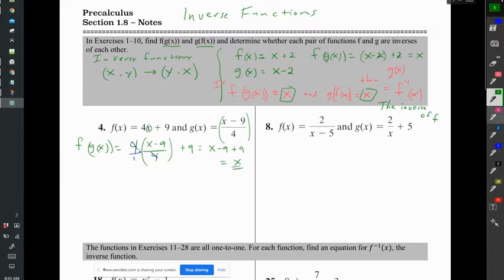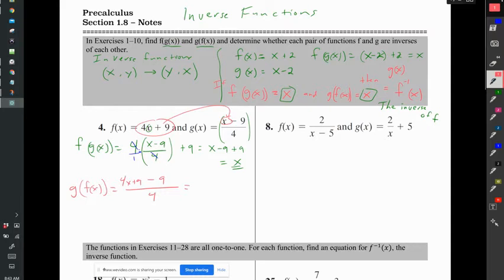And then we're going to just switch the order. So we're going to do g of f of x. And on g of f of x, that's going to take that x, take all of f, put all of f right there. So I still have the fraction, I still have the minus 9, I still have the division by 4. I'm going to put 4x plus 9 where that x was.